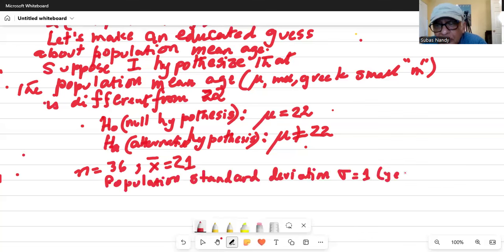That means population standard deviation of ages. Let me erase that. Age is 1 year.